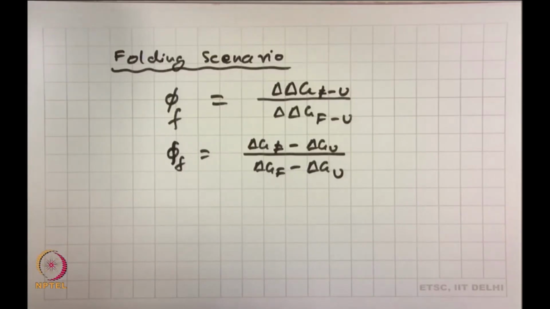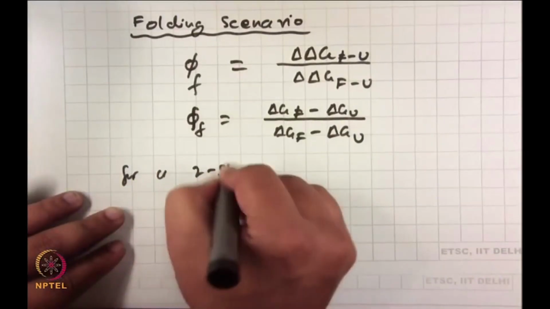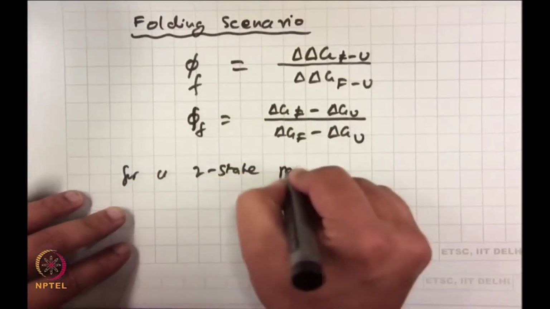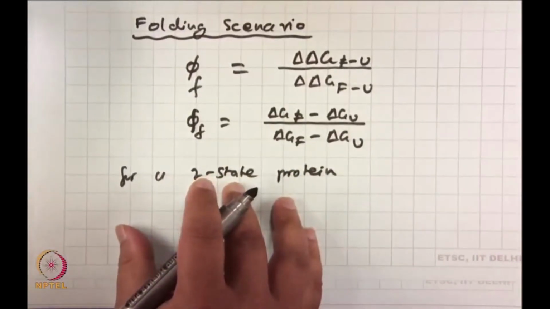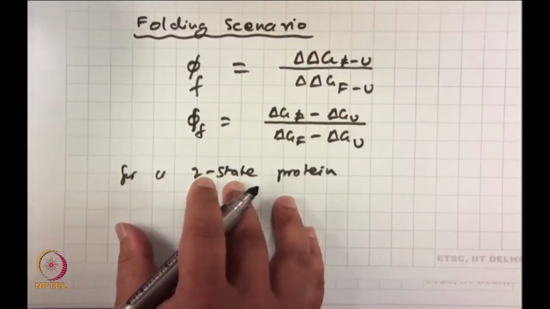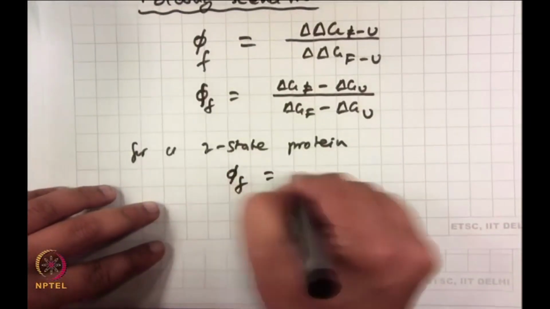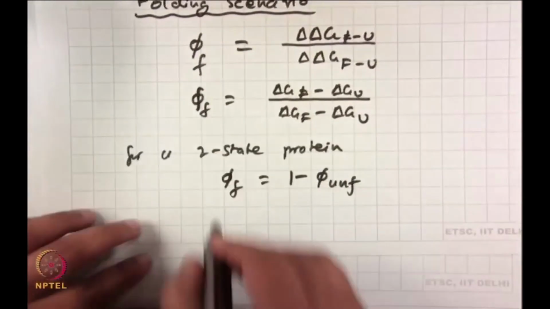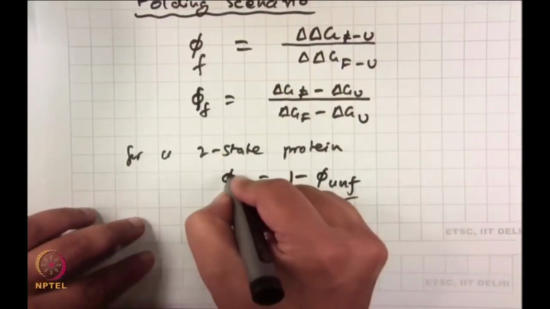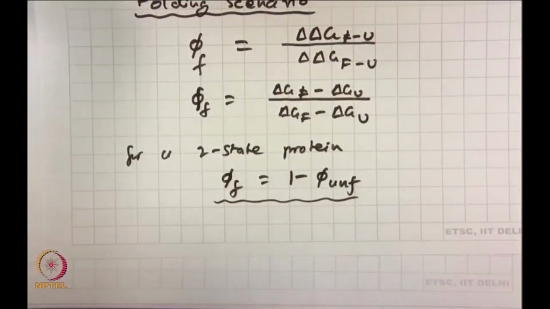For a two state protein, that means only denatured and the folded state or the native state, phi f is equal to 1 minus phi unfolding. This relation holds. So, phi f or phi folding is equal to 1 minus phi unfolding.